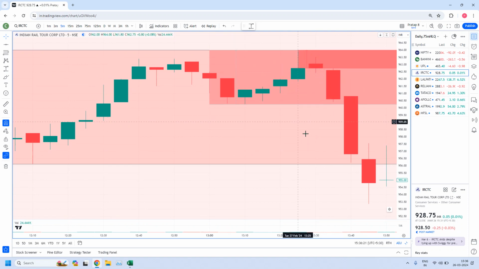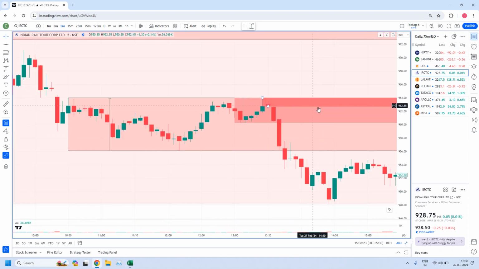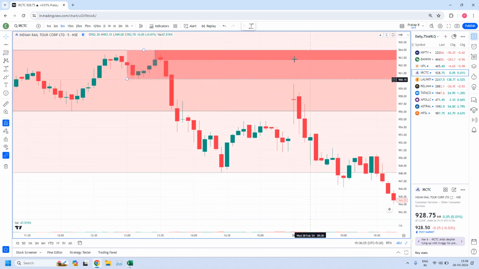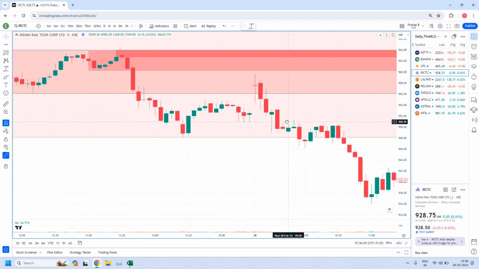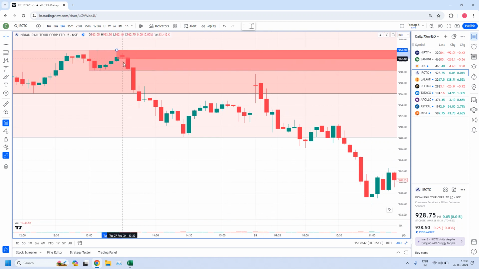This is also valid. So this 5 minutes is a fresh zone. And moreover, before entering into the zone, see the rejections from the zone. Probably the order flow is strong in this area. Maybe that is one of the reasons why I have drawn it now, wick to wick.